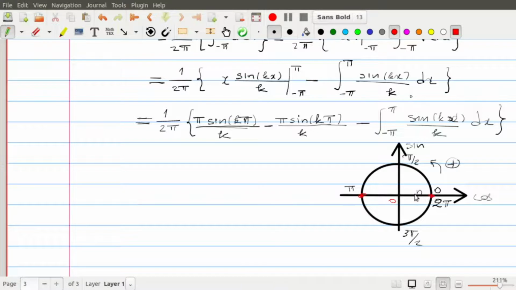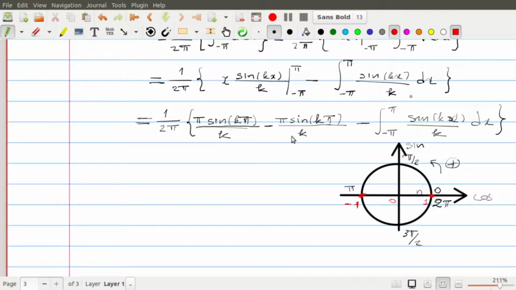Now, because the radius of the trigonometric circle is 1, if I'm here, the value will be negative 1. That is in terms of the value, not the angle. But if I'm here, the measure of the radius is 1, so the value here is 1.